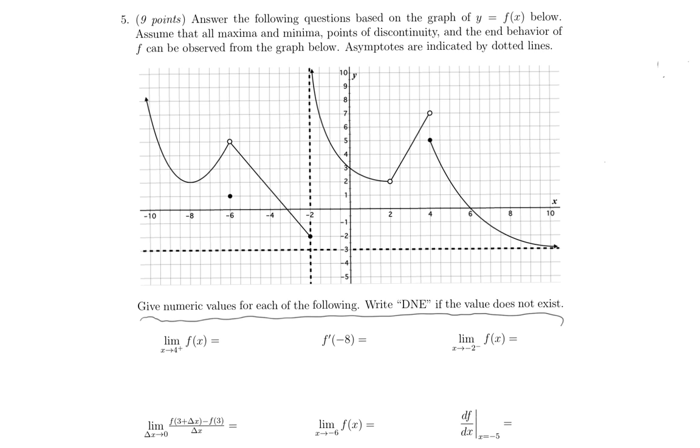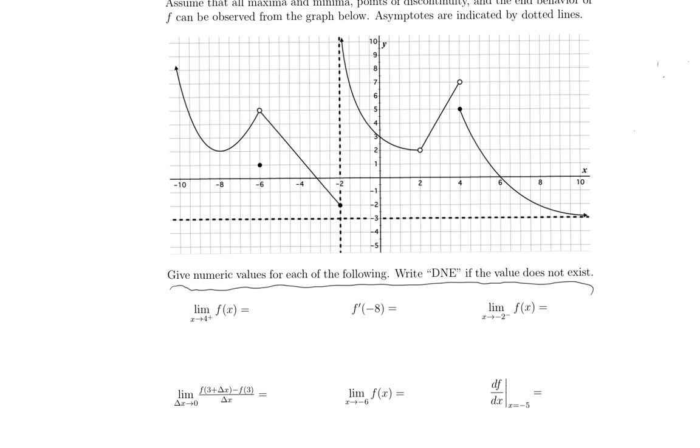The first one asks us to find the limit as x approaches 4 plus of f of x. What this means is we are going to follow the function from the right until we get to our 4 value. Note our x equals 4 is right here, and so we're going to follow that function from the right until we get to that.